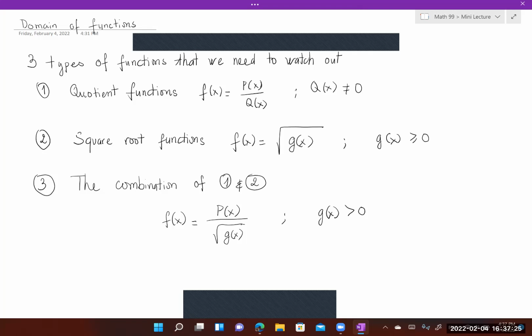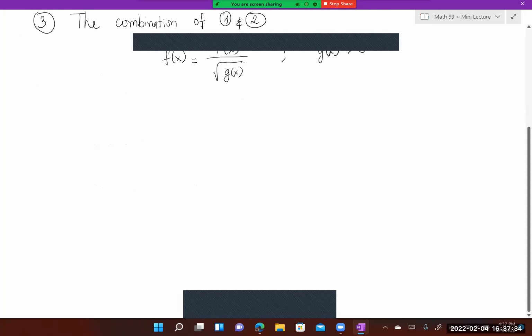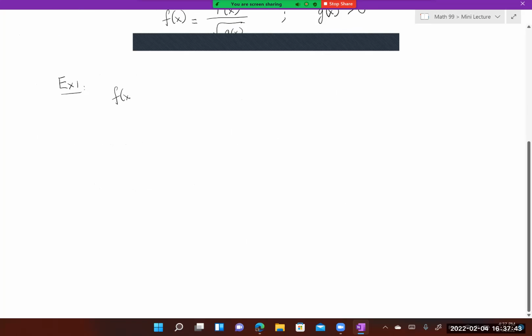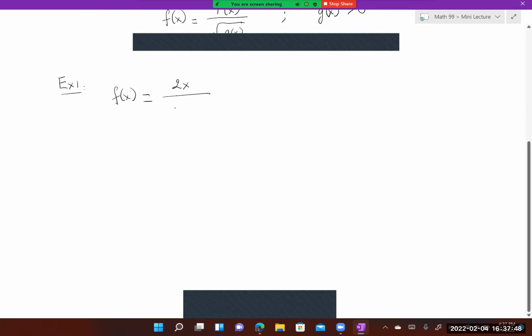Okay, so let's see a few examples for these three types of function. Suppose I have f of x equal 2x over x minus 3. This is a quotient function and we are not allowed to divide by 0.